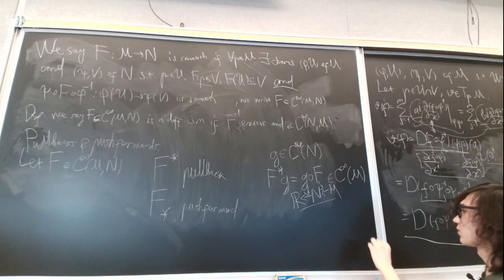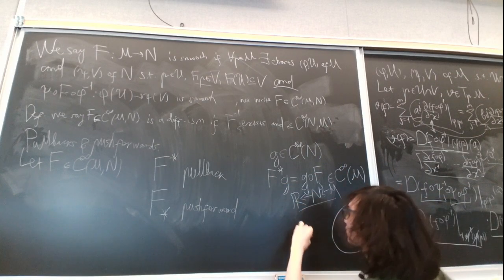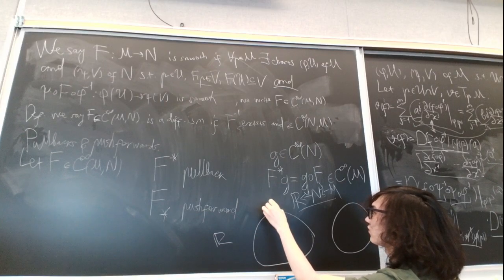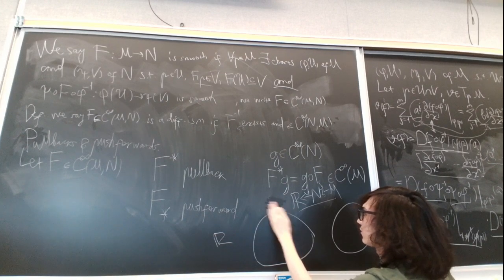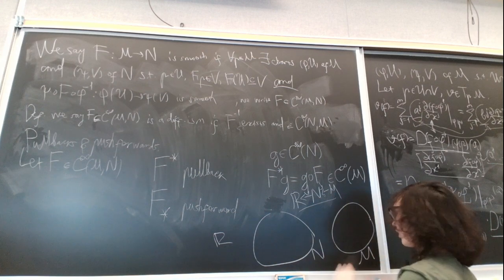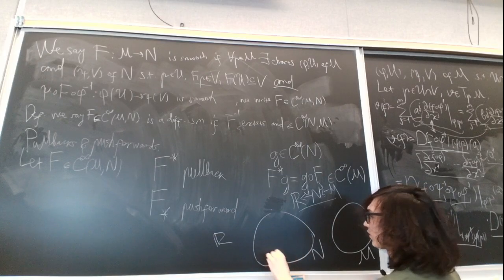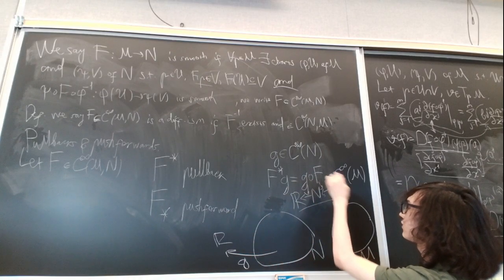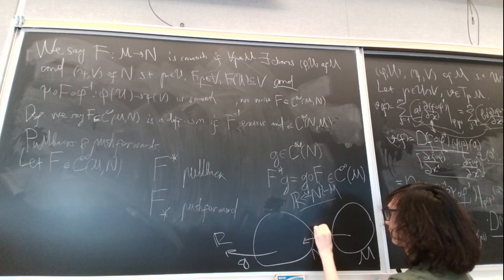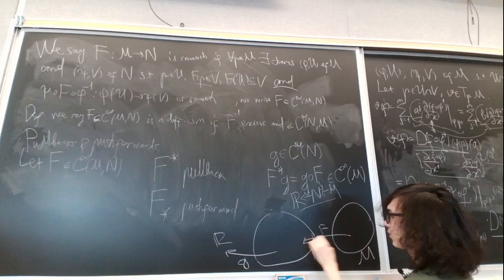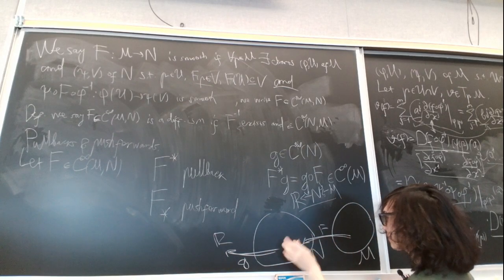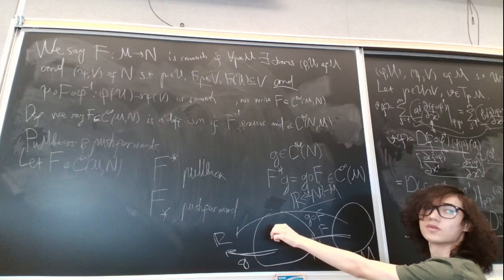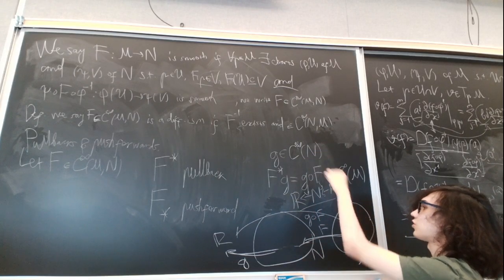So I have a manifold, two manifolds in fact, and then R. This will be our N, and this will be our M. And then I have g defined. g takes points of N to R, okay? f takes points of M to N. We can compose, so g of f is going to take points of M to R. And because f and g are both smooth, it's also smooth.